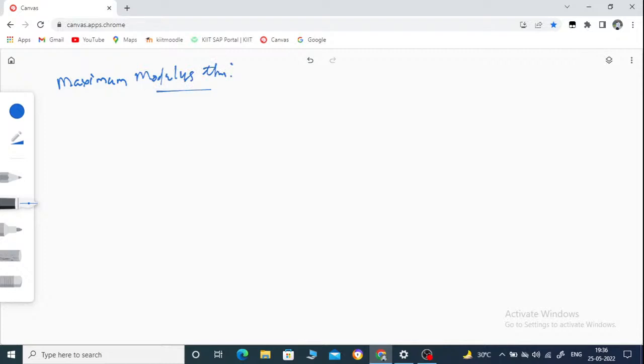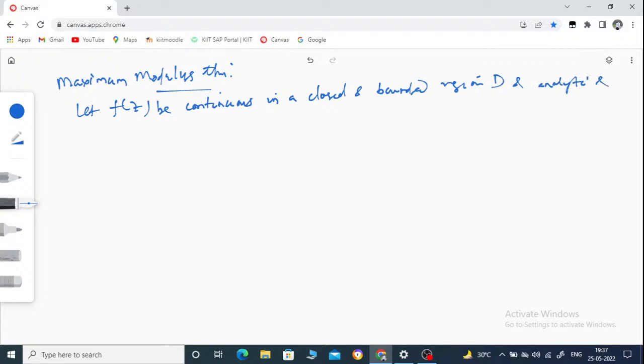Let f of z be continuous in a closed and bounded region D, and analytic and non-constant in the interior of D.